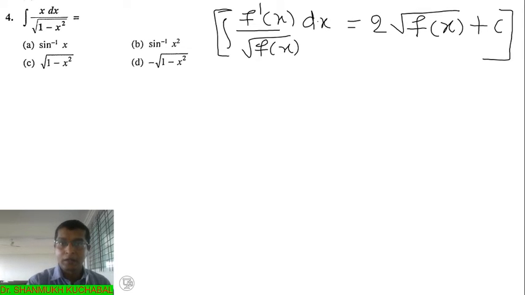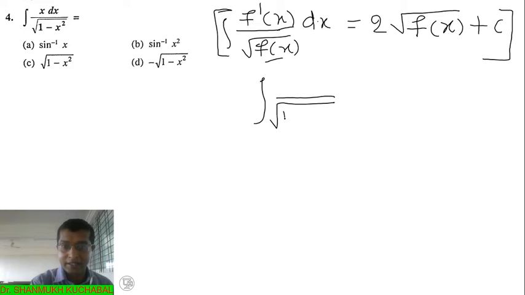If the derivative of the denominator is present in the numerator, then we can write this as 2 times root of f of x.